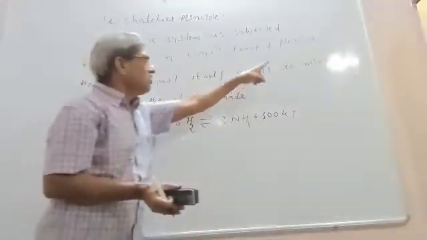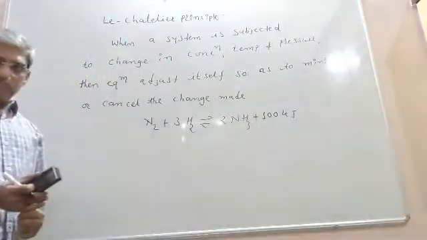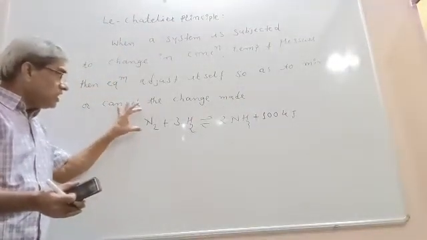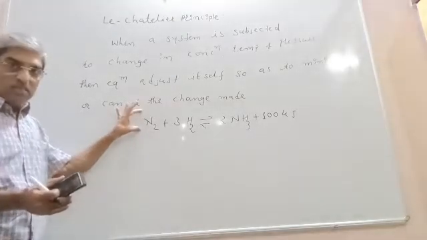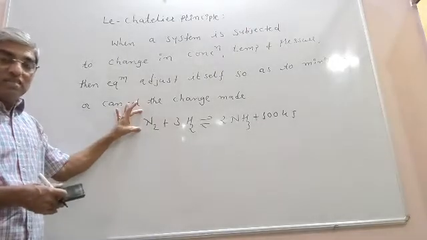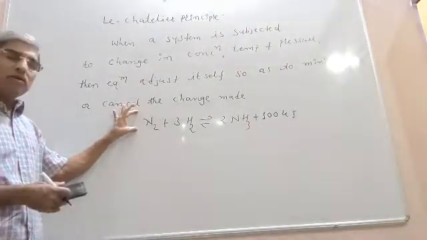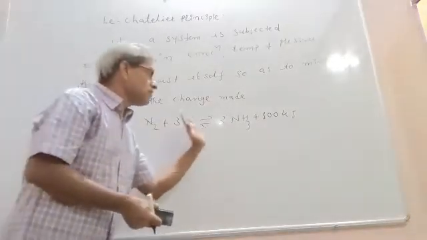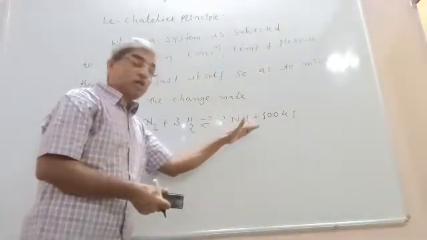Now if we consider the third factor, pressure. If we increase the pressure of this system, for example, if you consider this example, then what will happen? As soon as pressure is increased, equilibrium shifts towards the product side.